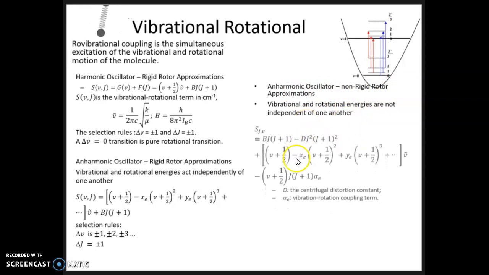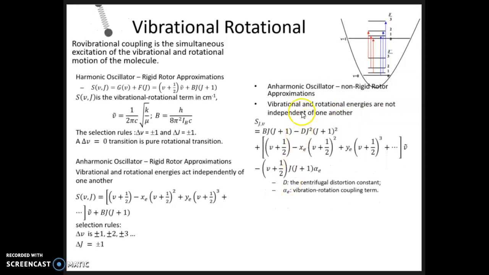We cannot treat them as independent motions. So we have the energy of the non-rigid rotor, BJ(J plus 1) minus D J squared (J plus 1) squared, where D is the centrifugal distortion constant.